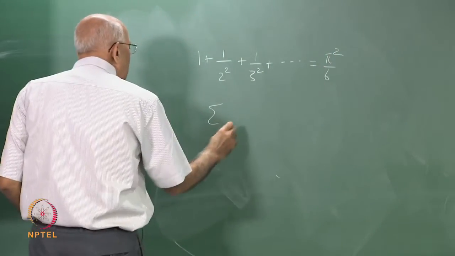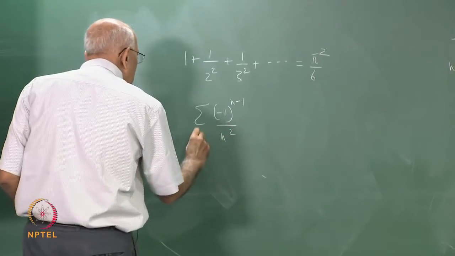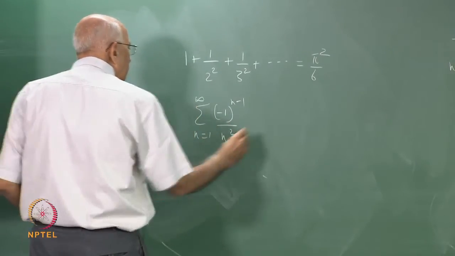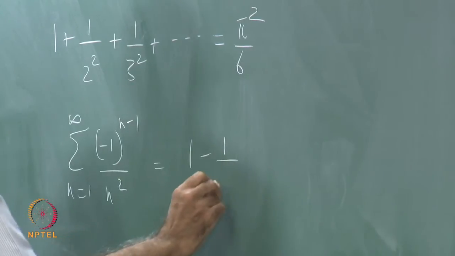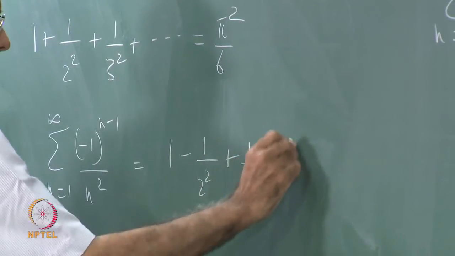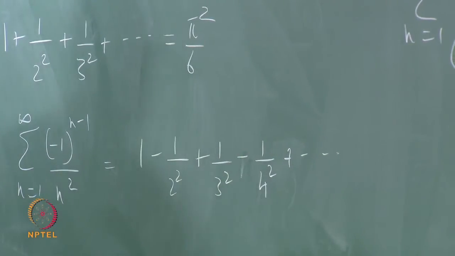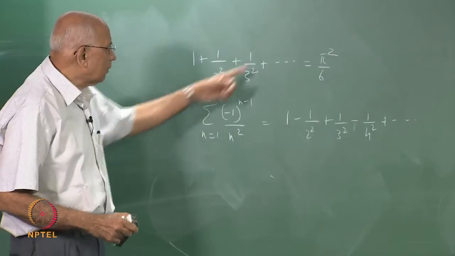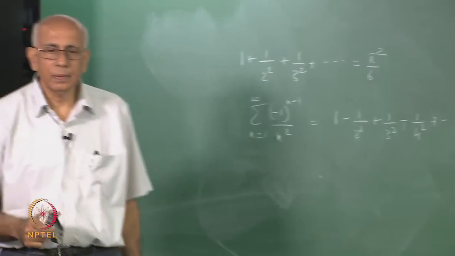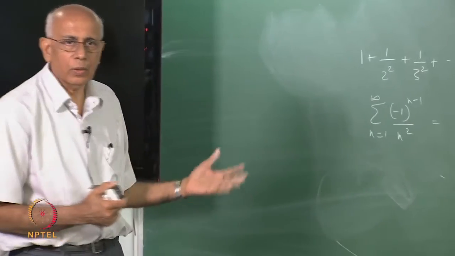Suppose you had the sum of minus 1 to the power n minus 1 over n squared, n equal to 1 to infinity, which is equal to 1 minus 1 over 2 squared plus 1 over 3 squared minus 1 over 4 squared, etc. How would you evaluate this given that? It is actually very trivial. How do you evaluate this?